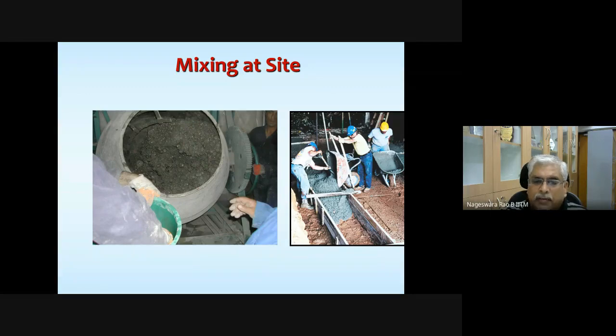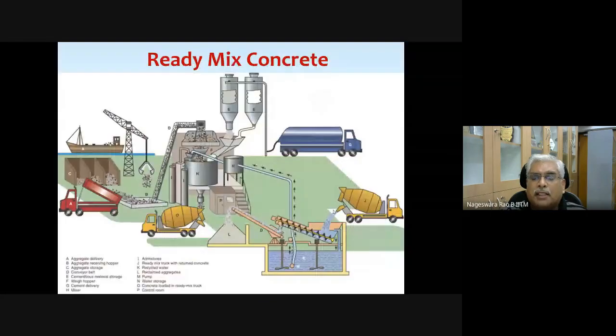Same thing even for this ready mix plant. Before we even put all this material into the plant, we need to come up with the mix design. What should be the amount of cement, either in terms of weight or volume, how much coarse aggregate, how much fine aggregate, and how much water.